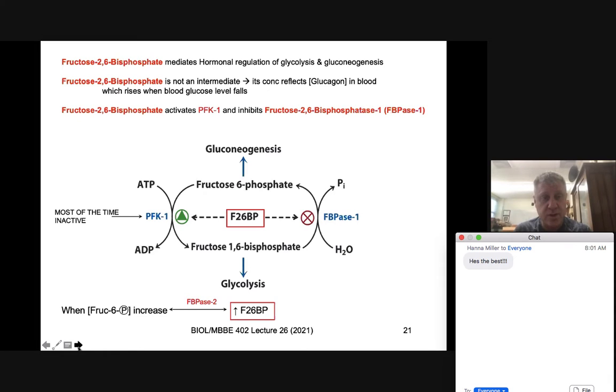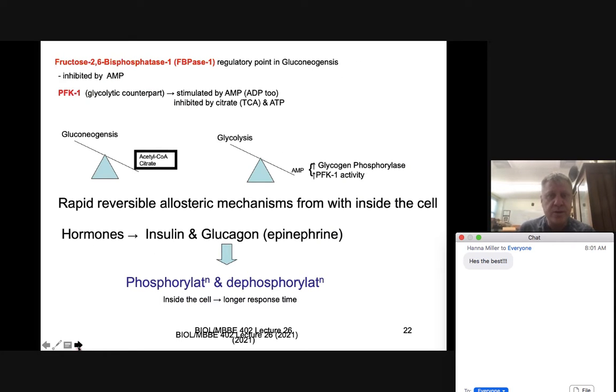So again, this is a very closely guarded regulatory system in making that important switch between glycolysis and gluconeogenesis. So it's this regulatory component, and we also have other regulators that come in and regulate these enzymes too. Now, I've stated here, the fructose bisphosphatase is actually inhibited by AMP.